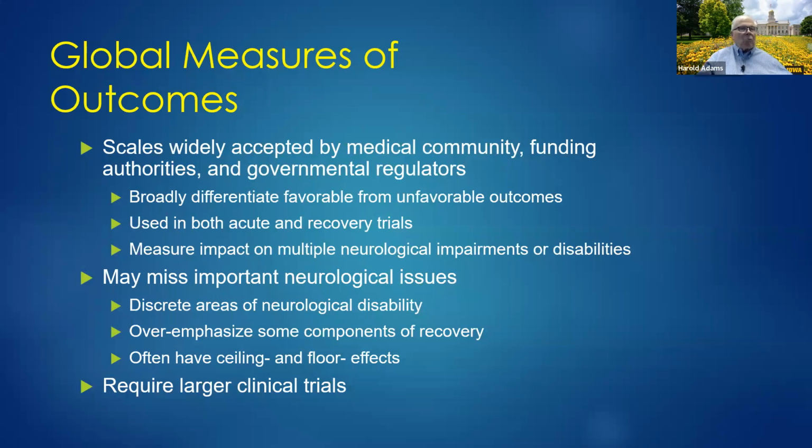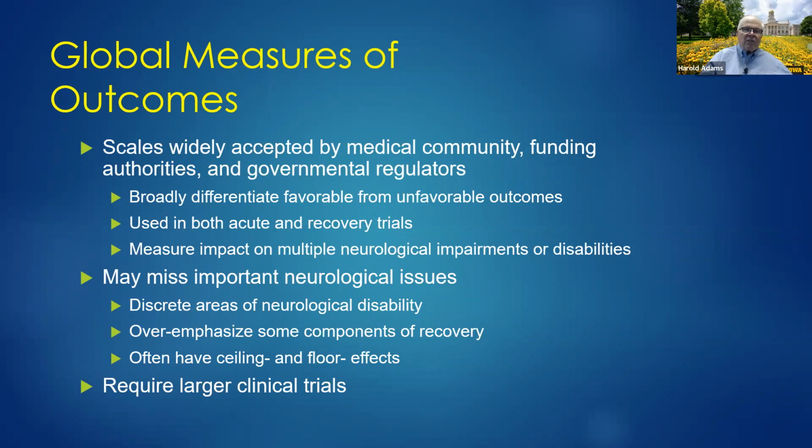Now, the problem with a global measure is you may miss a clinically important discrete outcome. For example, you may miss the ability of the patient with a stroke to use their right hand for writing, while overall the patient is doing well. For somebody who wants to be doing stuff with his right hand, this may still be not a very good outcome.